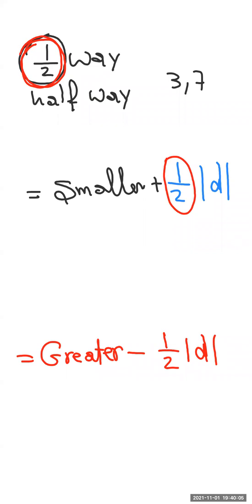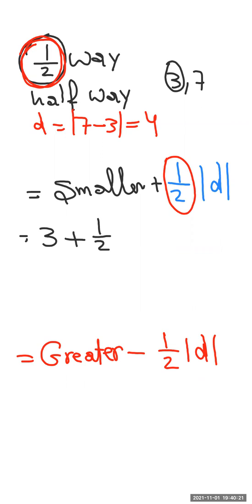The absolute value of the distance equals 7 minus 3, which is 4. So from the side of the smaller, it's 3 plus 1/2 times 4, so 3 plus 2, which means 5.